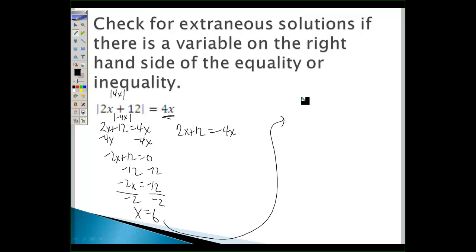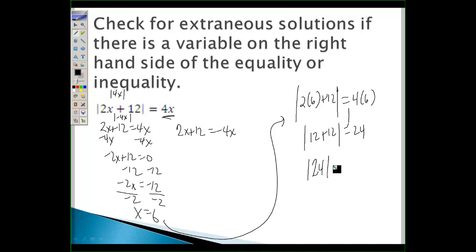Let's say, okay, the absolute value of 2 times 6 plus 12 should equal 4 times 6. Let's find out. The absolute value of 12 plus 12 should equal 24. Well, the absolute value of 24 does equal 24. So yes, this is a good solution. Moving on to our second equation.